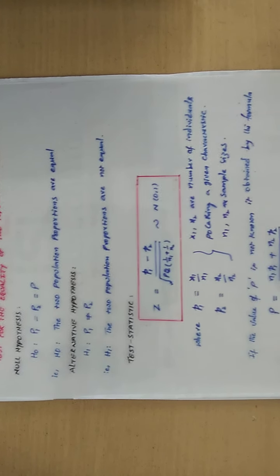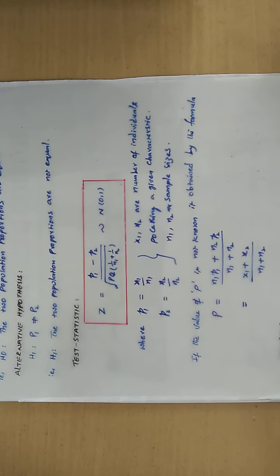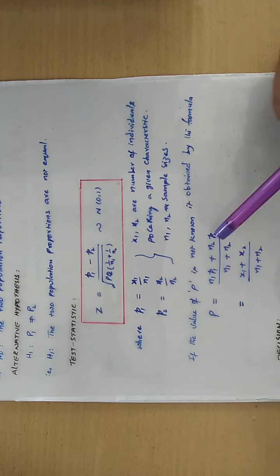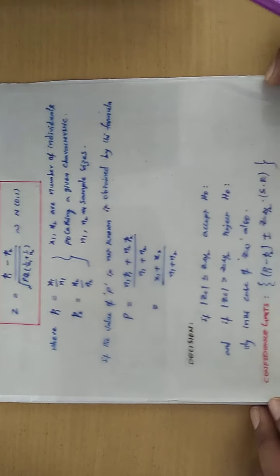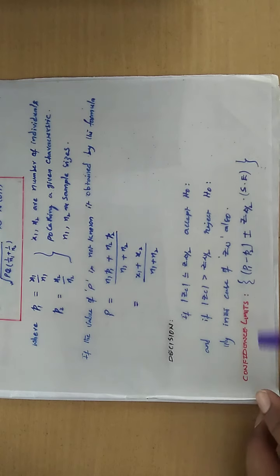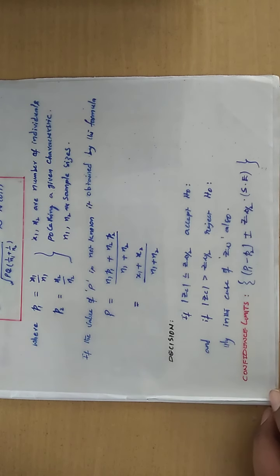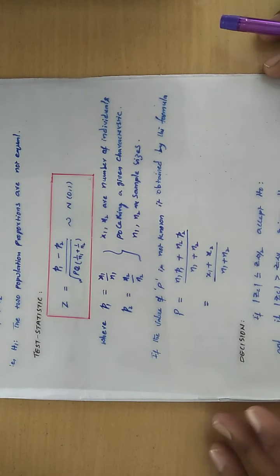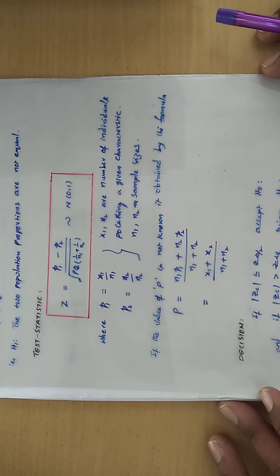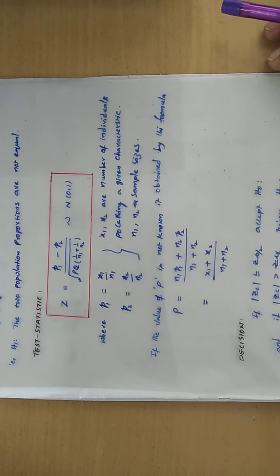Test statistic. This formula is very important. Whenever capital P is not given, you can use this formula. So this is the confidence limit, or the fiducial limits. So now we go for problems.